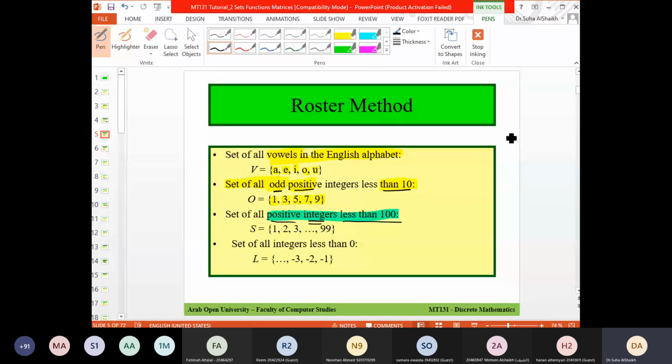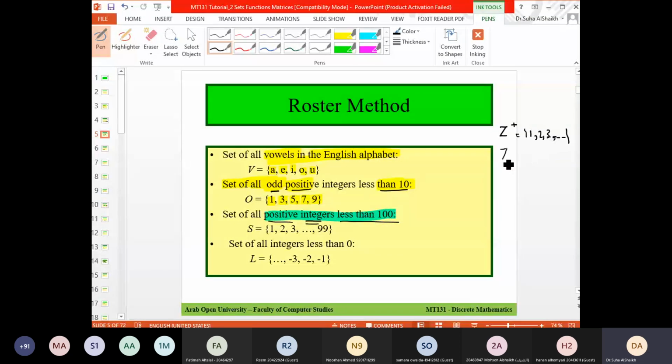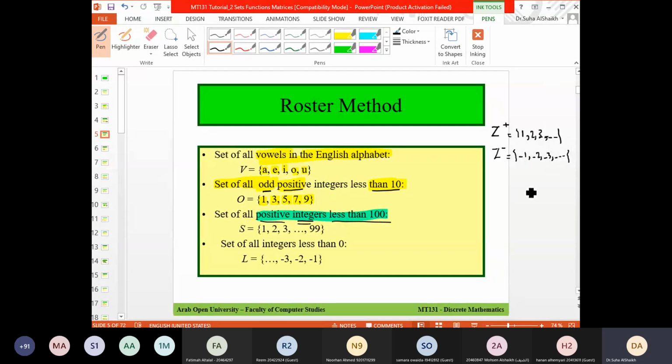So be careful. البوزيتيف integers نسميها z بلس اللي هي من ال 1 2 3 and so on. النيجاتيف integers اللي هي z minus راح تكون minus 1 و minus 2 و minus 3 and so on. مو معاهم الزيرو. فلما أقول بوزيتيف معناها أكبر من الزيرو يعني من ال 1 and up integer. less than 100 يعني مو معاهم ال 100 without the 100 so it is 1 2 3 لحد 99.